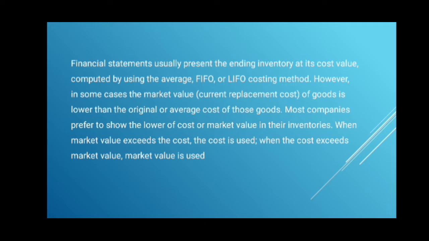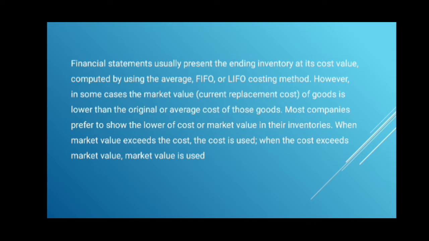The average cost method is based on the assumption that the cost for each item on hand is the average cost for items from the opening inventory and the items purchased during the period.